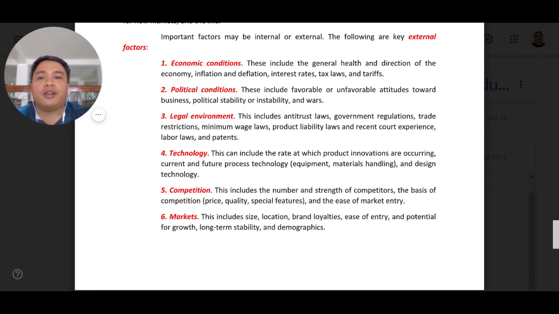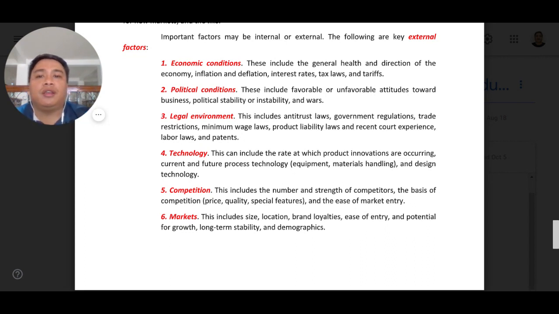Okay. Number one is economic conditions. Are there any laws? Are there any ordinances? Are there any rules that can contribute to the business organization? Is there any economic condition that can give a threat or an opportunity to the business organization?